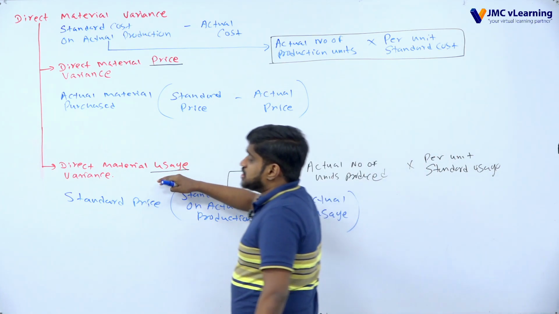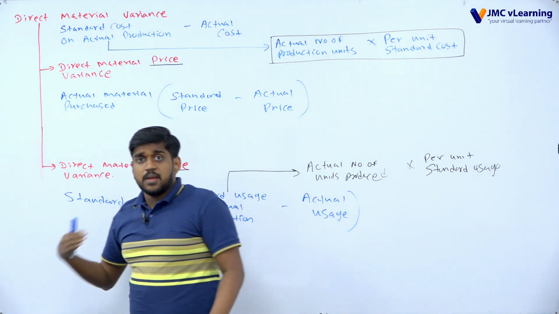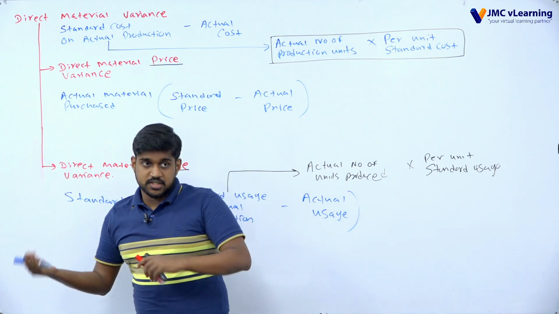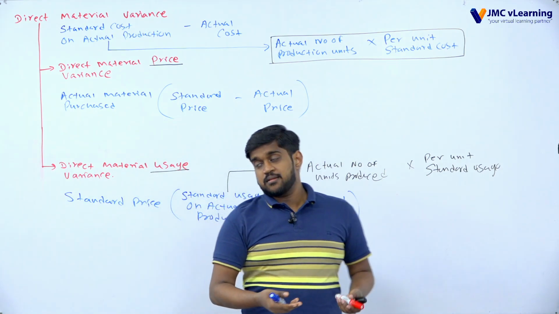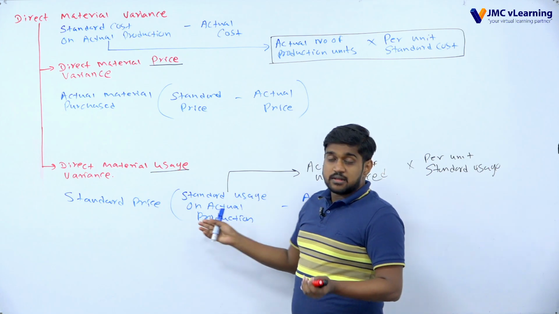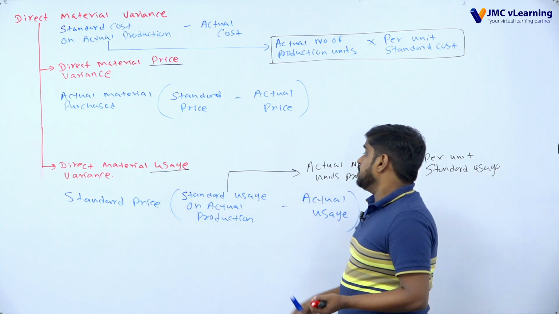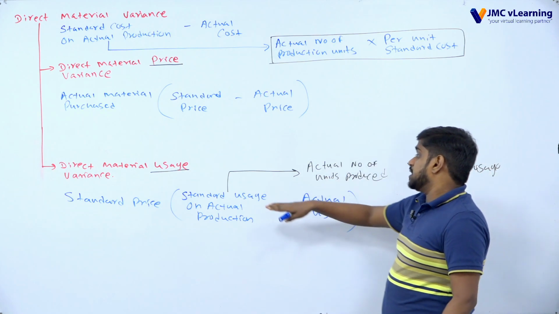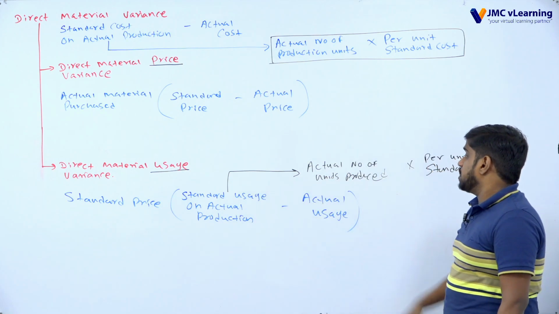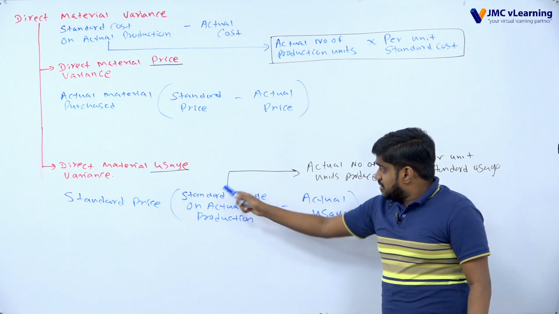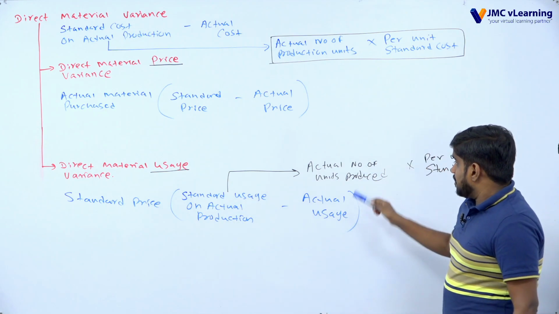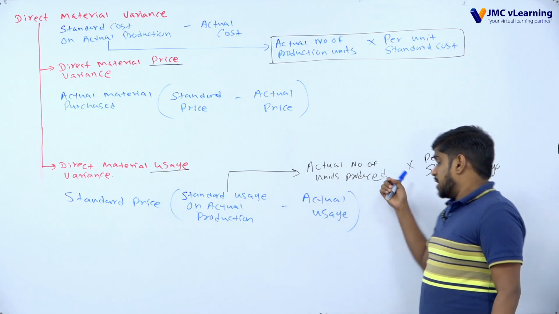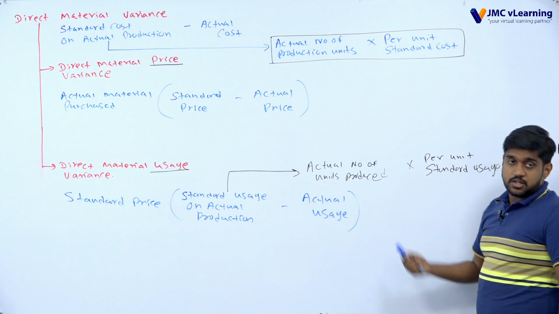When we come to the usage variance, we mainly focus on usage. For that purpose we consider the standard usage on actual production and the difference between it and the actual usage. We get the standard usage on actual production by multiplying the actual number of units produced by the per unit standard usage.